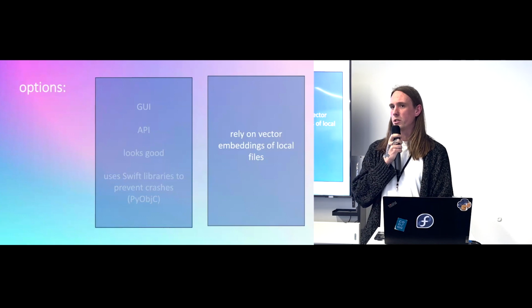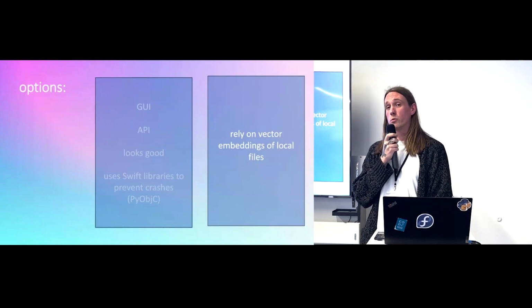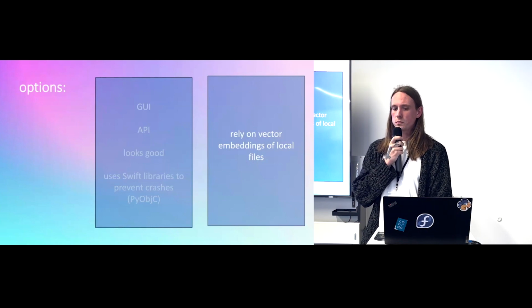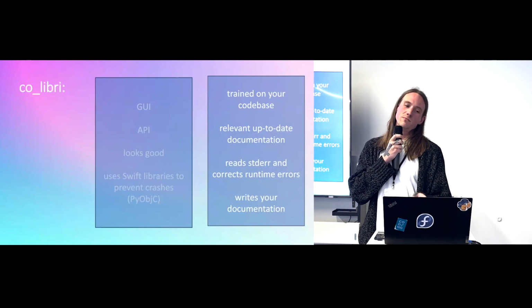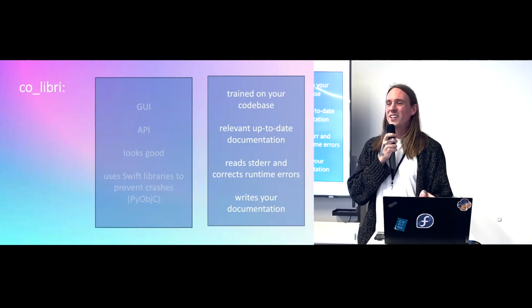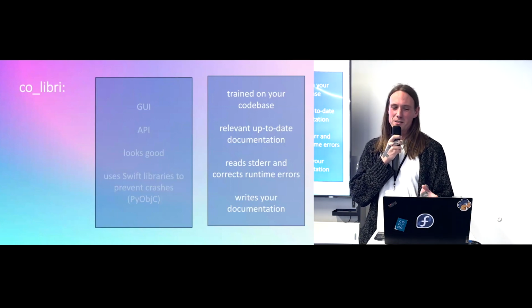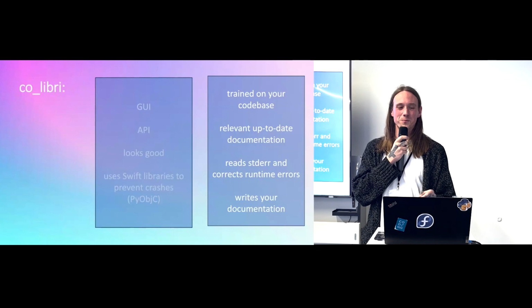Wouldn't that be much more interesting, maybe much faster and more elegant? So I came up with this other idea. It's Colibri, another Colibri. I actually want to be consistent with the name as much as possible.